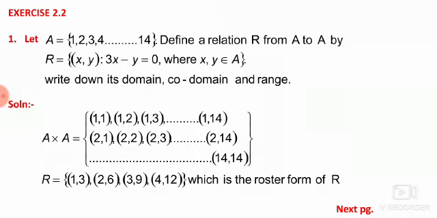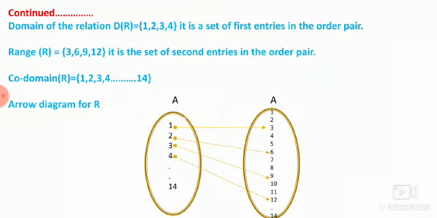Now this relation R we are going to represent by an arrow diagram. But before that we can write the domain of the relation. The domain of the relation is denoted by D of R, containing the elements 1, 2, 3, 4. It is the set of first entries in the ordered pairs. The range is the images 3, 6, 9, 12.